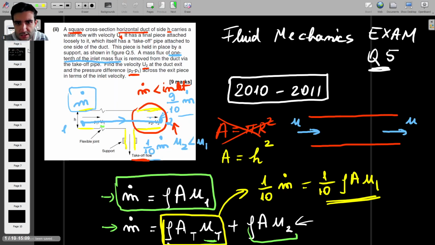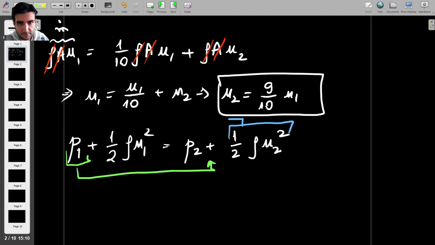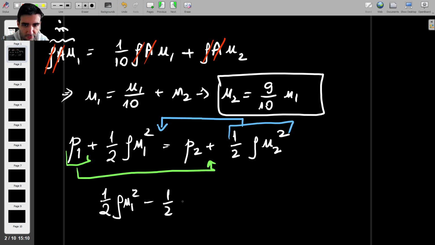So I think the question was asking for P2 minus P1. Yeah. So let's take the P1 and let's move it to the other side. And then let's take this and let's put it here. So what we end up with is 1 half rho U1 squared minus 1 half rho U2 squared. That's equal to P2 minus P1.